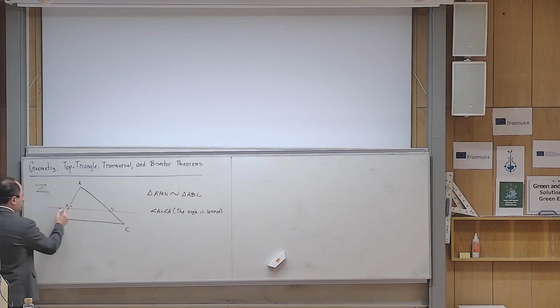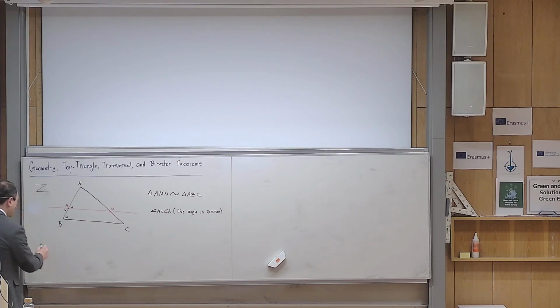If you consider this Z shape, let me call these angles U, V, and W, for example. Do you see this Z letter here? This is a real Z because these two lines are parallel. So two lines are parallel, another line is transversal, so it is guaranteed that V and W are the same, and of course V and U are also the same. So U and W are the same.